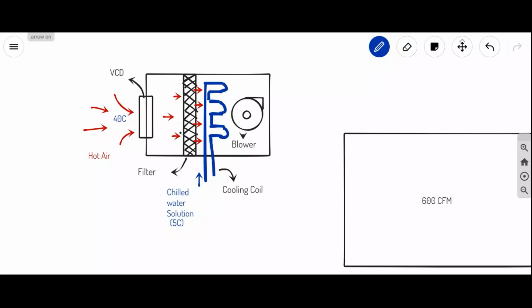So the water vapor molecules which are present in this air, ये air में कुछ water vapor present होता है ना, that water vapor will convert into water. That water is collected in a drain pan, and those water droplets are removed through the drain line.